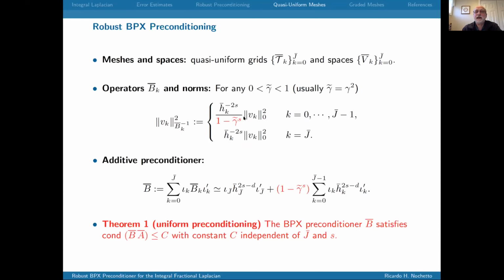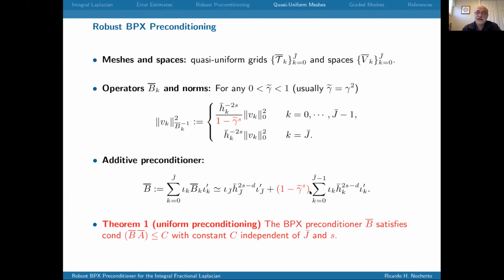The gamma tilde is related to gamma. It doesn't necessarily have to be. It's of the order of gamma square. But since it changes, it is not always gamma or gamma square, we call it gamma tilde. So here is the additive preconditioner induced by these scalings. This is what you would expect for BPX, finer scales and coarser scales, except for this factor.